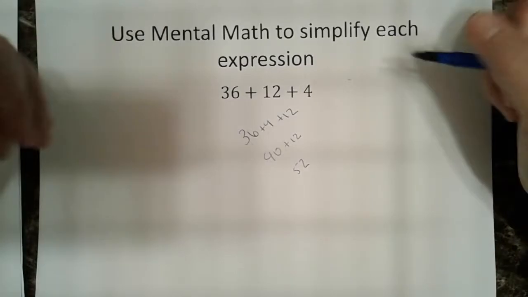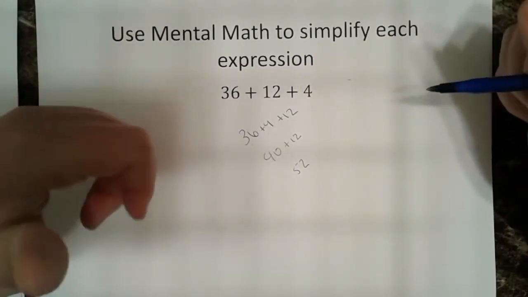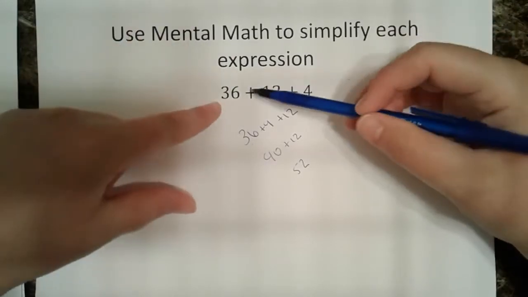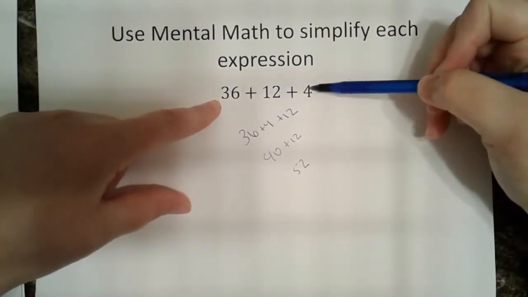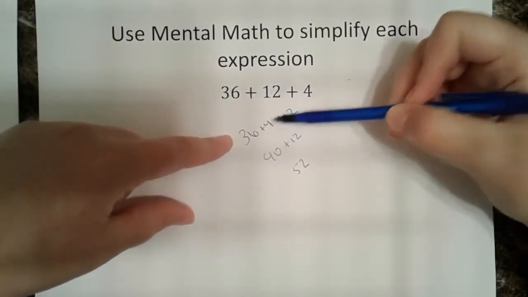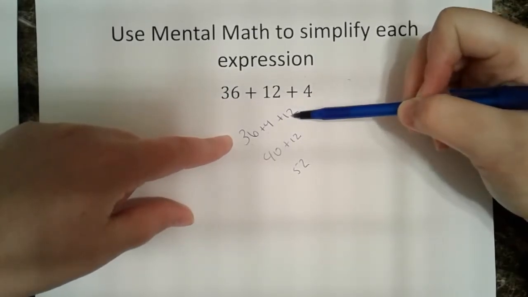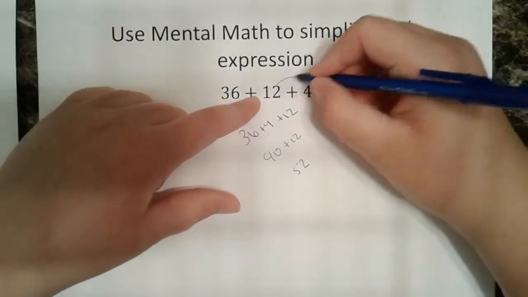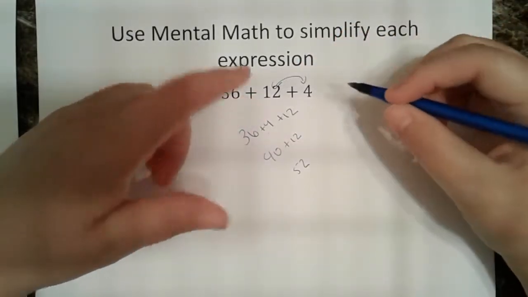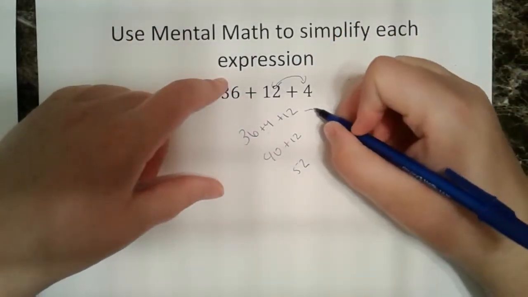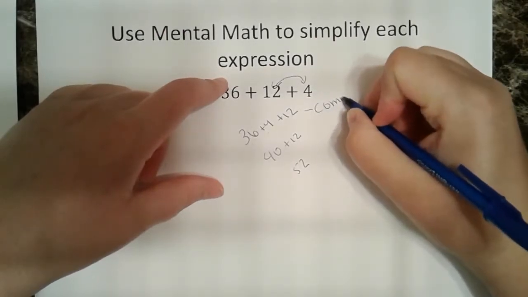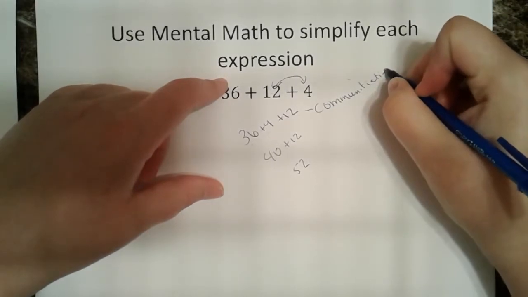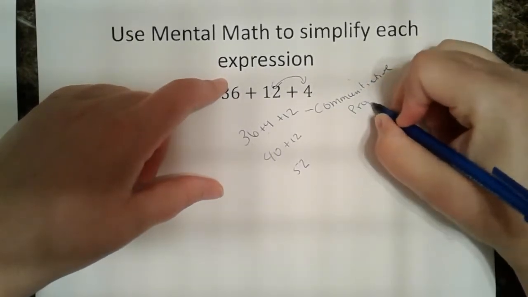Okay, so what gave me the right to say that 36 plus 12 plus 4 is 36 plus 4 plus 12? Well, what happens with the 12 and the 4? They just flopped, didn't they? So what property gave me that right? The commutative property of addition.